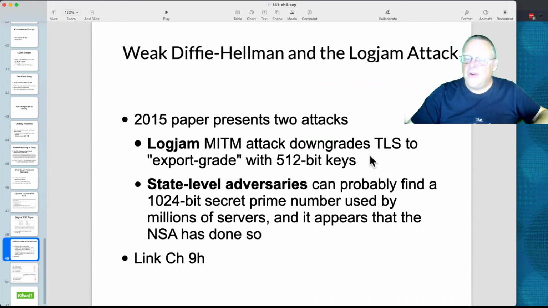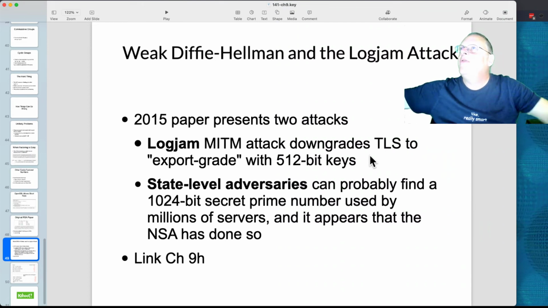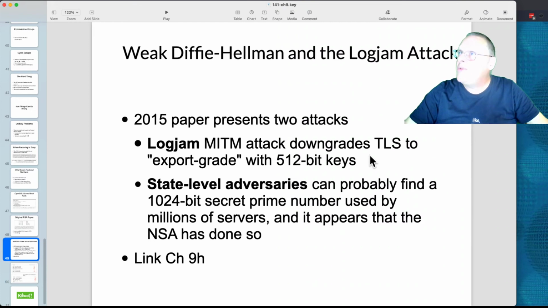And now the world is poisoned with thousands of products and servers that have export-grade cryptography options. So if you alter the network traffic to claim that you are using a device running export-grade cryptography, there are a whole bunch of systems that will downgrade to export-grade cryptography, and that can be cracked. So that's the Logjam attack.